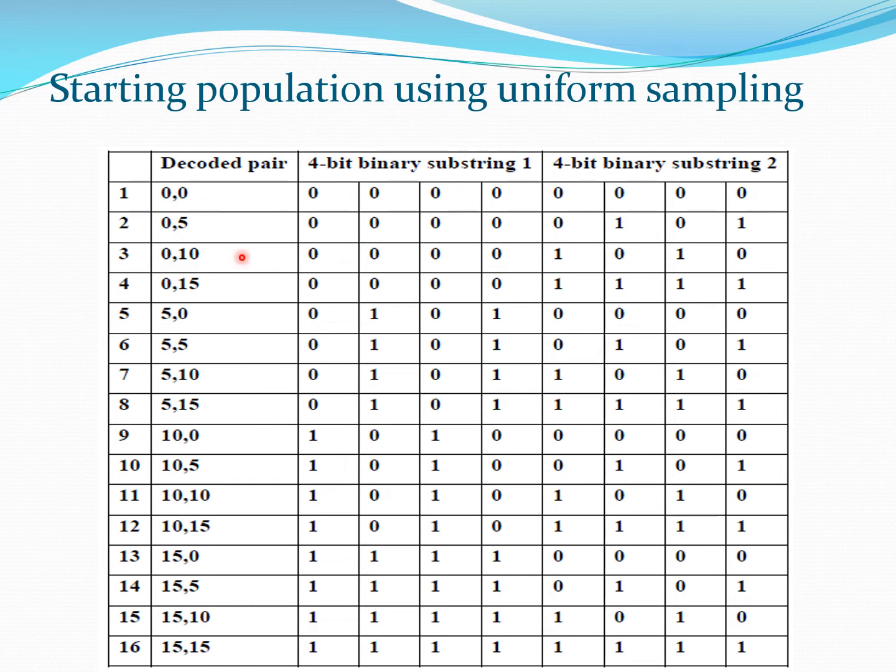So you could have 0, 0, which would be this substring here. You could have 0, 5, which is this string here, and so on. So each of those design variables could then be represented by this particular coding, and this could be a starting population obtained using uniform sampling. And the advantage of this kind of starting population is that you can see it has created a kind of grid which has sampled the design space in a uniform manner.